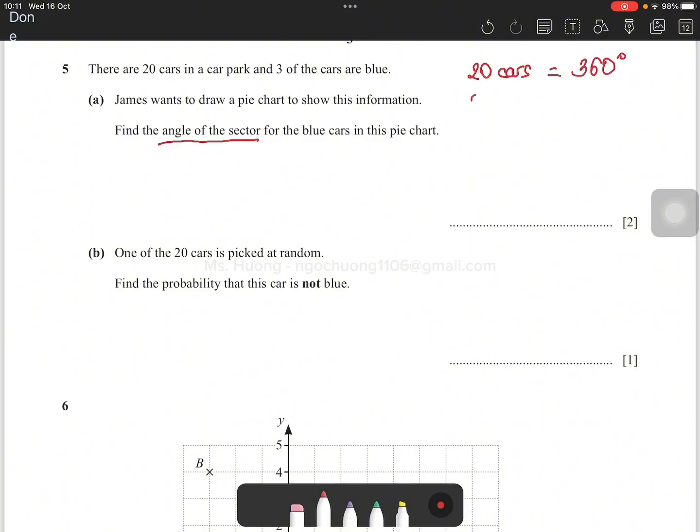And so we want to find the angle of the sector that represents 3 blue cars. So the formula is 3 out of 20 multiplied by 360 degrees equals 54 degrees. So the answer is 54.